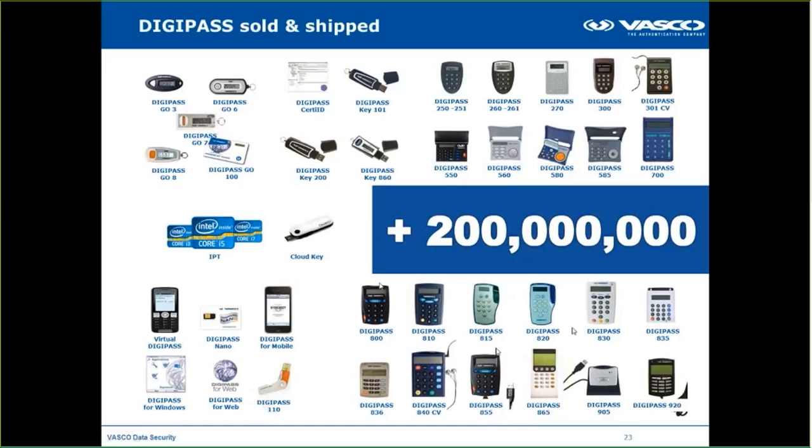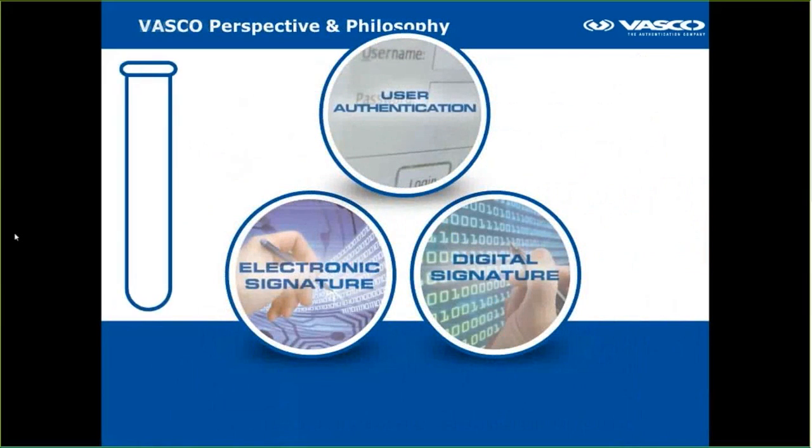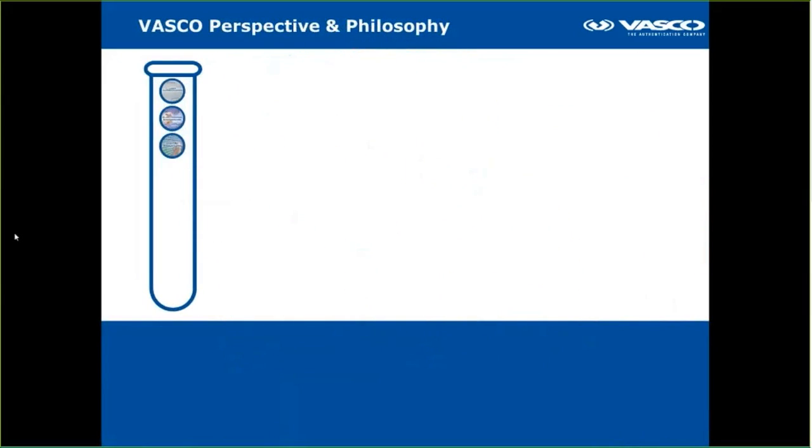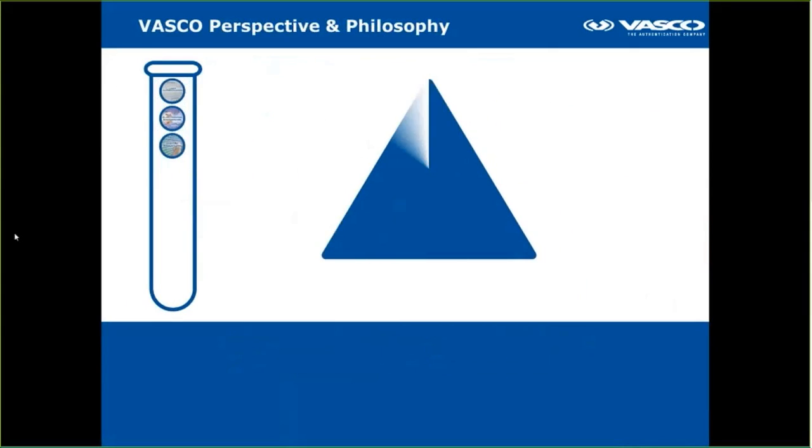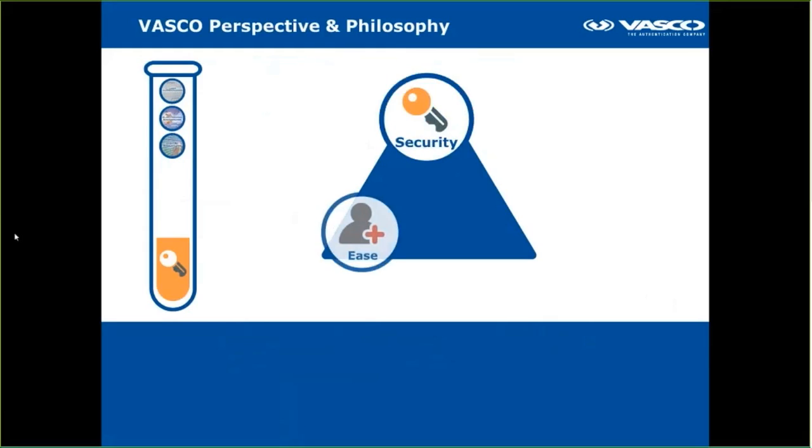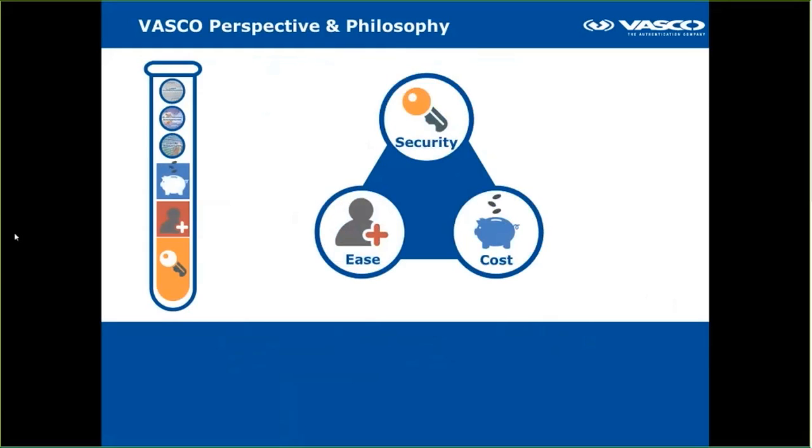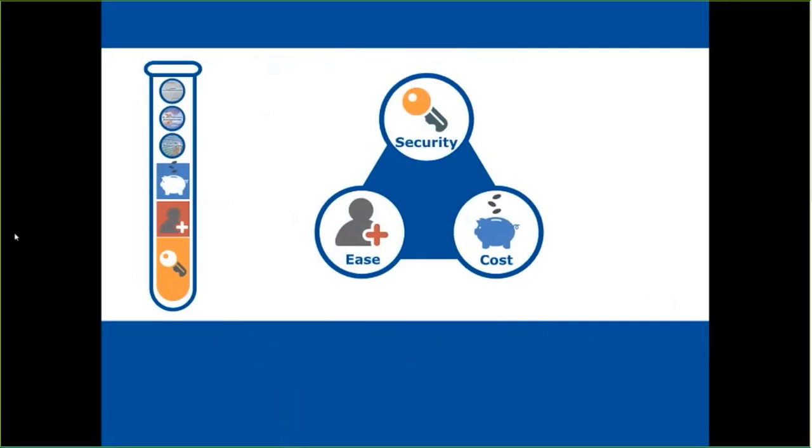And Vasco has sold and shipped over 200 million authentication tokens. So that's more than anyone else in the world. And our philosophy for authentication is to take the three main tenets of user authentication: the security tenet, the ease of use, and the cost, and provide solutions to fit all of those kind of environments, so we can have slightly more secure systems, slightly easier to use systems, or lower cost type systems.